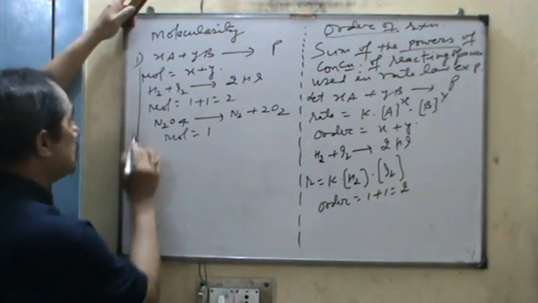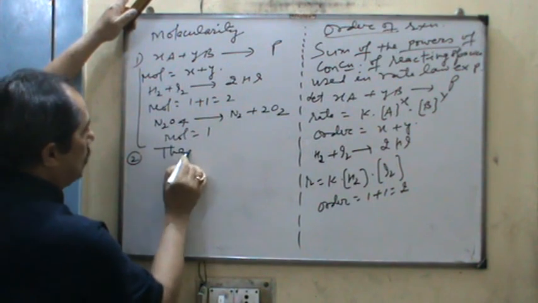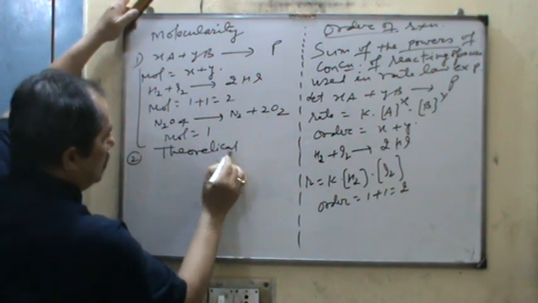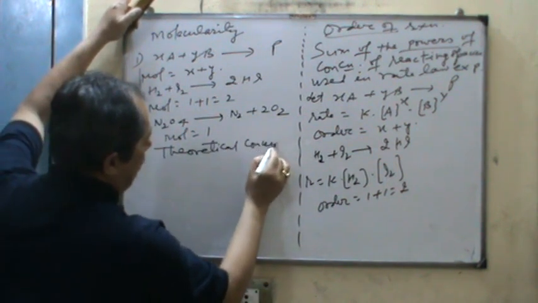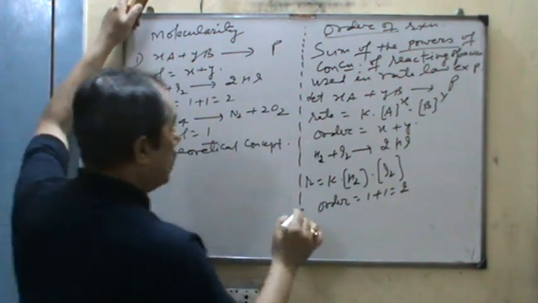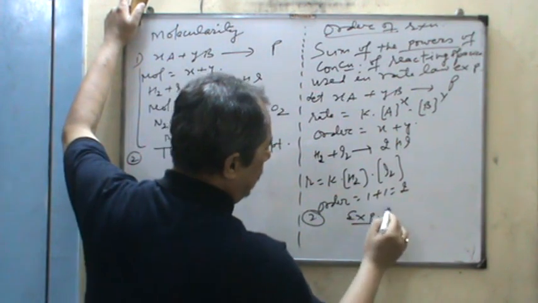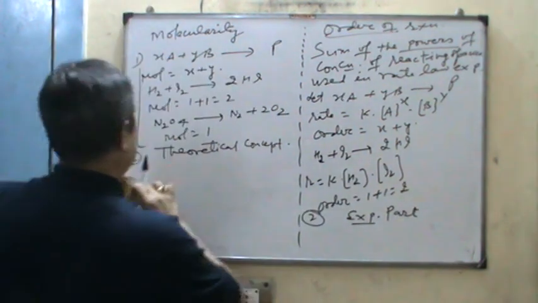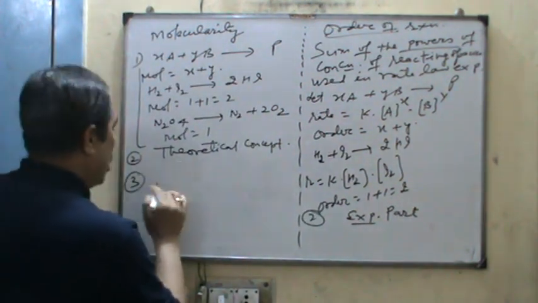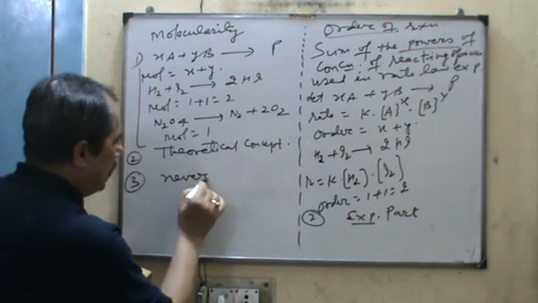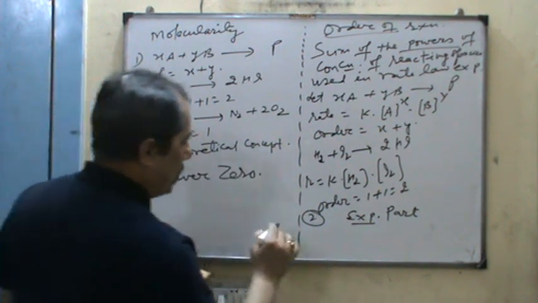Second point of difference, molecularity is actually a theoretical concept. It is the apparent value, but order is the experimental part here. Now, next difference is molecularity is never zero.